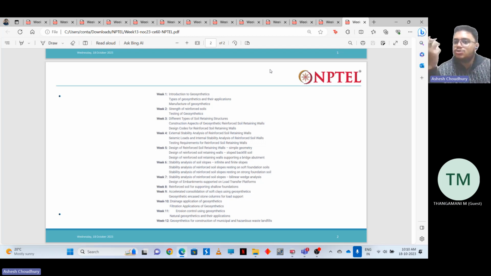The soil becomes wet, the pore water pressure in the soil increases, and the effective stress reduces. If you recall from basic soil mechanics, the Mohr-Coulomb strength is given by c plus sigma tan phi. When this effective sigma reduces, the strength of the soil will also reduce.